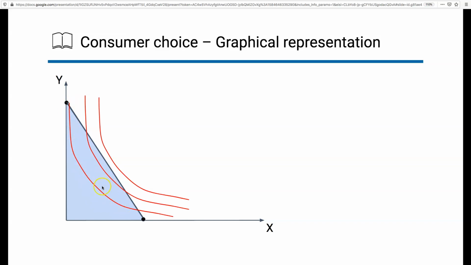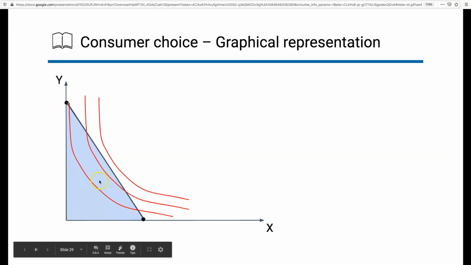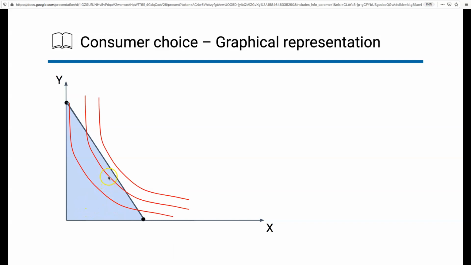And the indifference curve farther away from the origin has higher utility. So this indifference curve has the lowest, second lowest, and the highest. And so your goal as the decision maker is to find the bundle inside or on the boundary of this triangle that sits on the indifference curve that is the farthest from the origin.